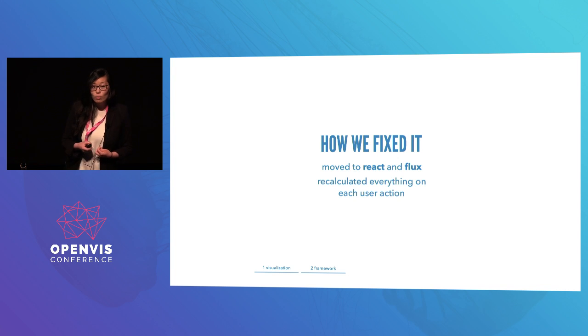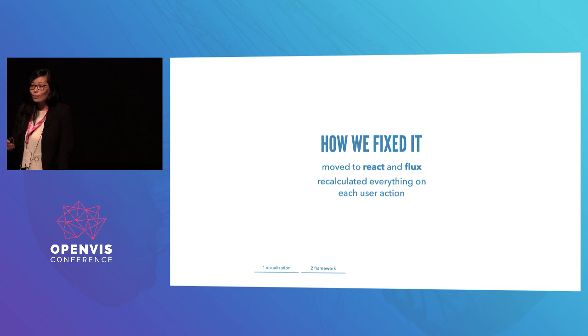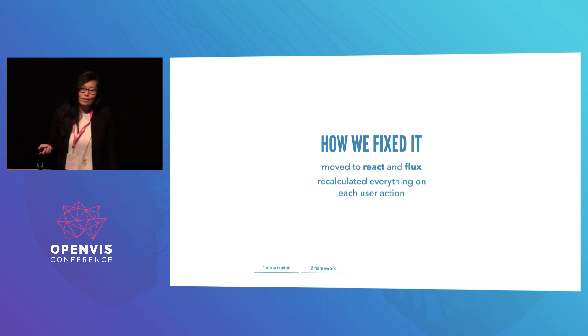And we decided to recalculate all data calculations on each user action. And you might say, wow, this is really counterintuitive. That must have been heavily unperformant. But we have found that because of the modern browser, and because we have moved to React and Flux, and especially because of React's virtual DOM diffing, this was actually surprisingly okay.